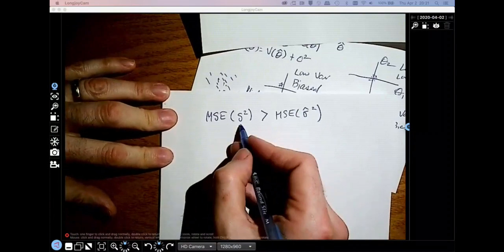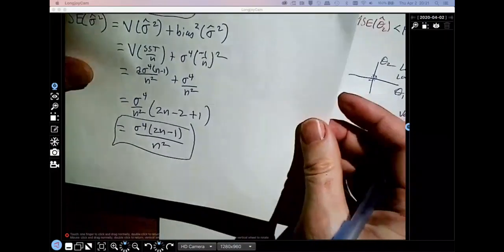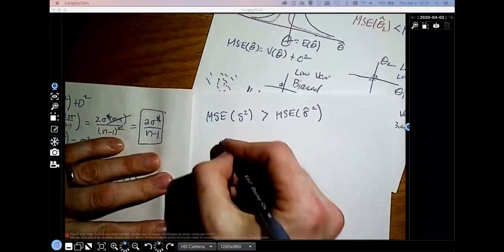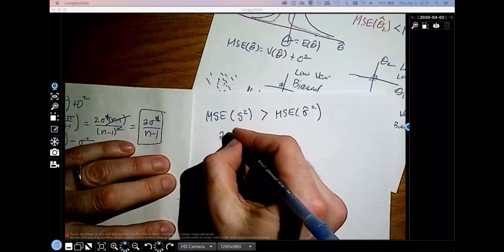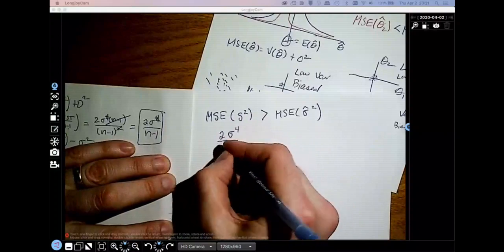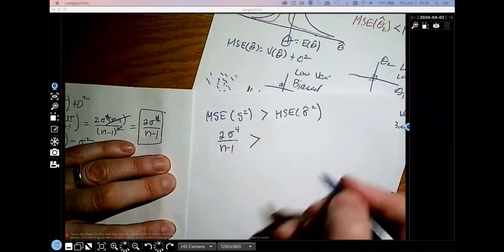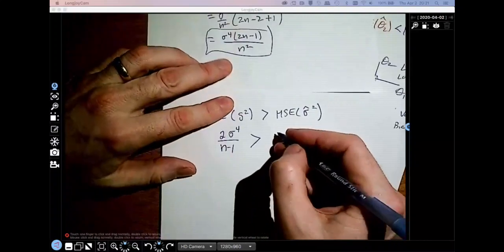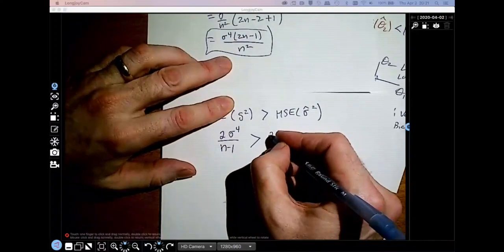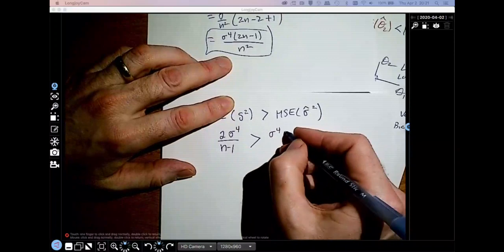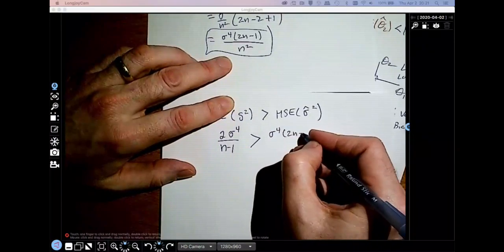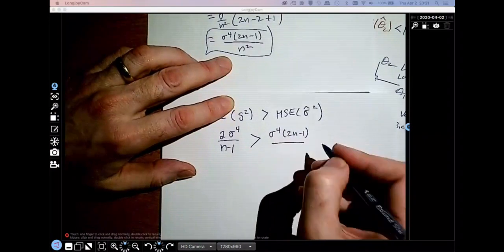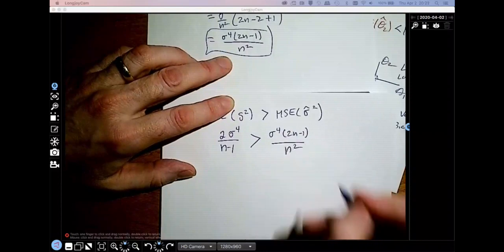So what's the mean squared error of s squared? Well, we showed it over here: 2 sigma to the fourth over n minus 1. What's the mean squared error of sigma hat squared? We found that to be sigma to the fourth times 2n minus 1 all over n squared.